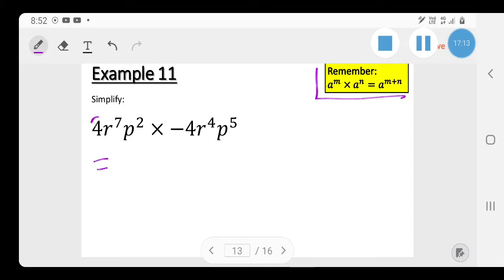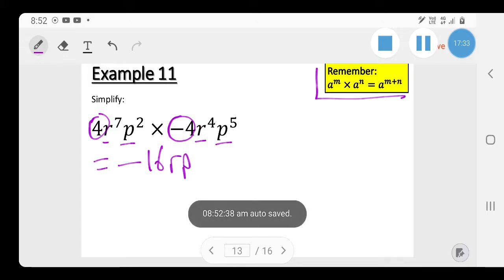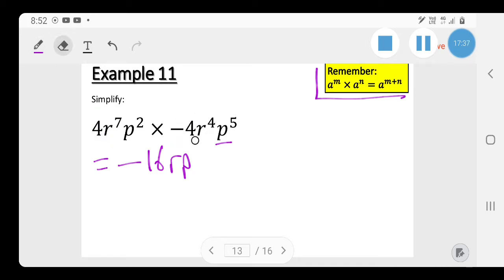The coefficients, my stylus is really starting to die. 4 times negative 4. Well, a positive times a negative is a negative. 4 times 4 is 16. And we have an r to the something, a p to the something, an r to the something, and a p to the something. So I'm just going to set myself up with an r and a p. And then I'm going to figure out their powers right now.